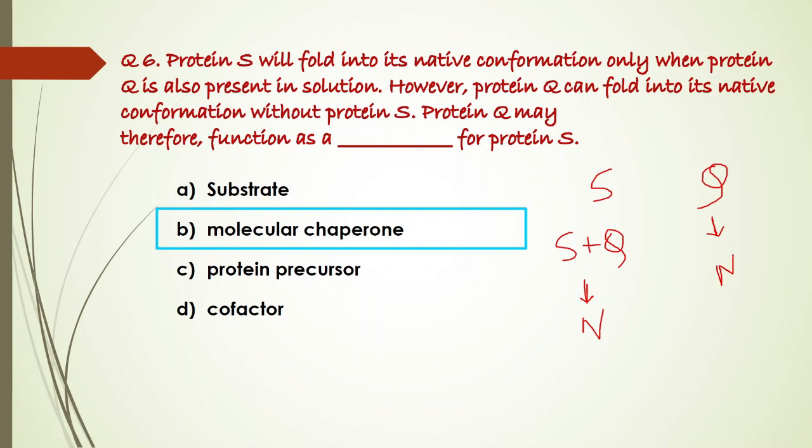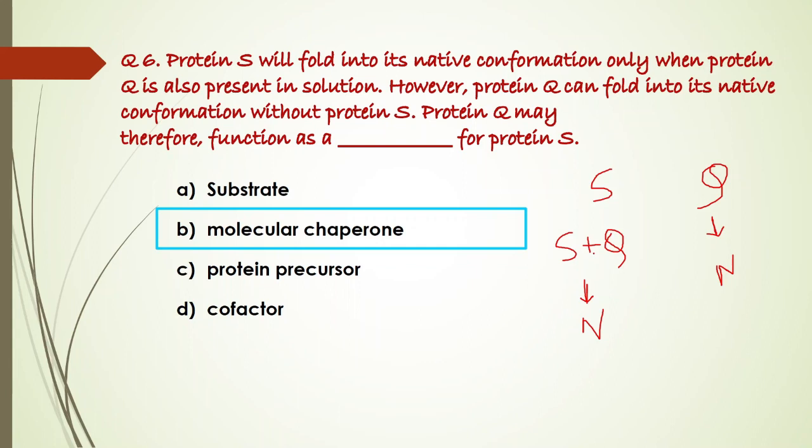If we look at the options, the first option is substrate. No, if Q was a substrate for S, then S would react with Q and give something else, like what enzymes do.